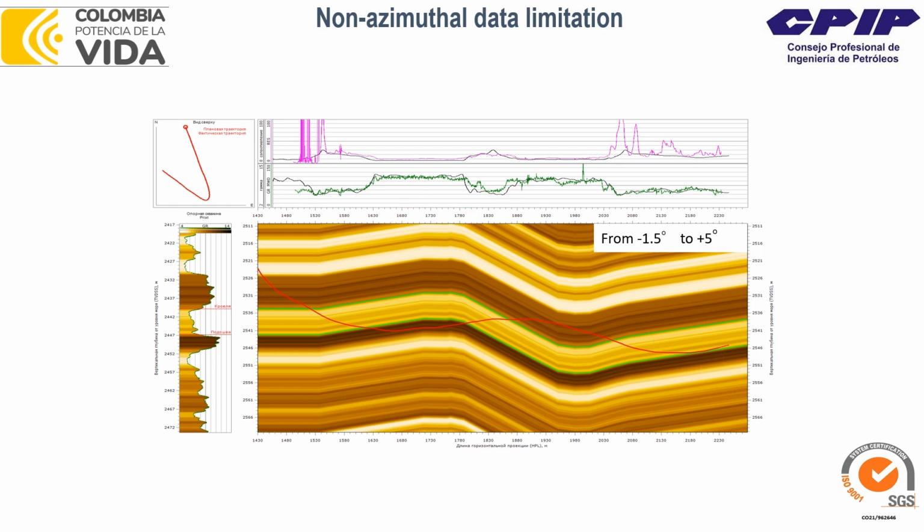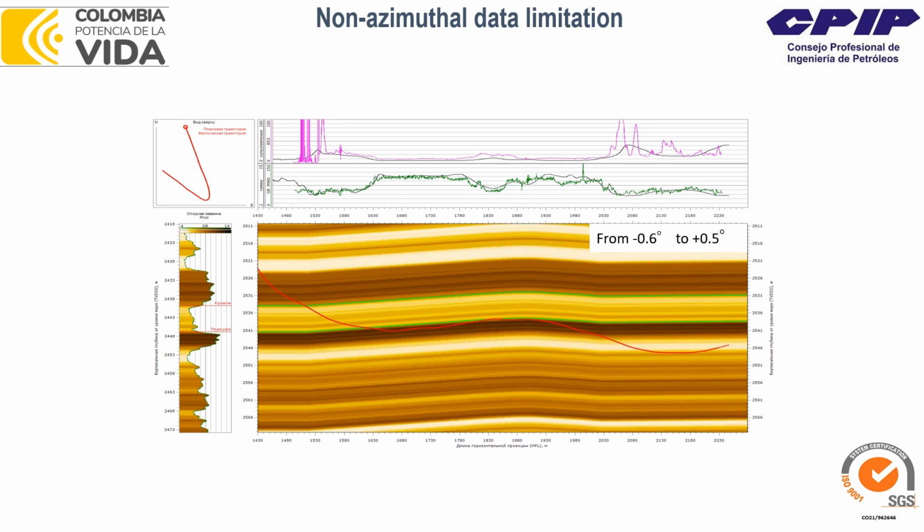But the detailed post-well analysis has shown that actually there is another interpretation, and it looks like this. In this case you see the same excellent correlation of the gamma ray and of the resistivity, but actually the formation was never dipping down 5 degrees.